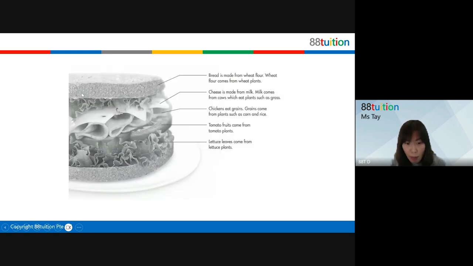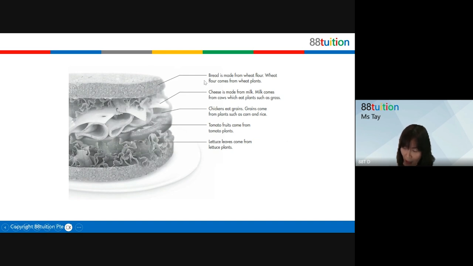Okay, so look at the food that we eat. This is one example, like a sandwich. That sandwich is usually made of bread and some vegetables like lettuce, tomatoes. There's also cheese and maybe chicken meat, chicken ham. Why not? So all these are found inside the sandwich.